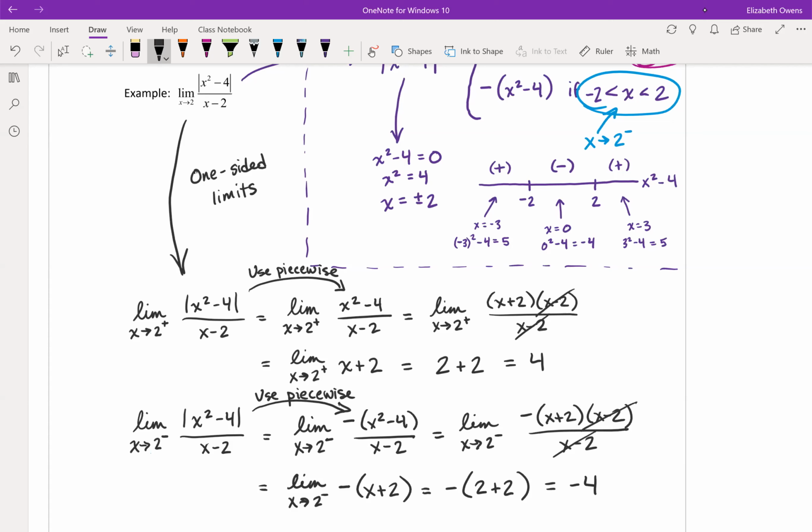Okay. So remember, our original problem is not asking for specifically left-hand and right-hand limits. It's looking for the overall limit. And remember, for a general limit to exist, we need these two one-sided limits to come together. These guys do not. One's going towards positive 4, one's going towards negative 4.